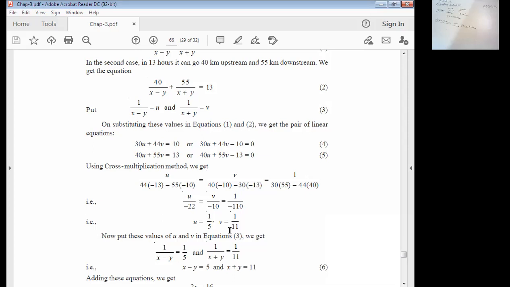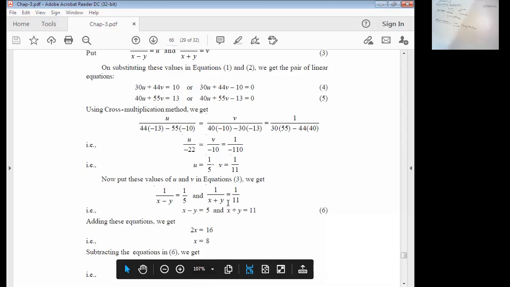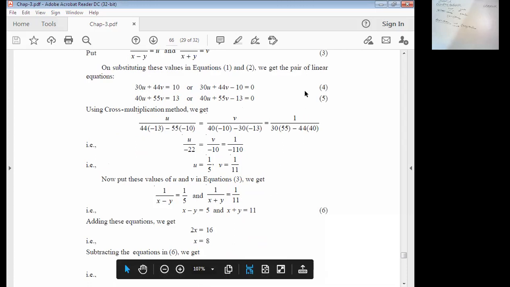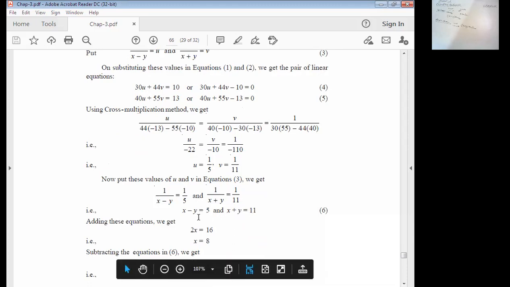Now after reducing, we get equations number 4 and 5, and then here it uses the cross multiplication method and finds the values of u and v. After getting the values of u and v, put them back as we let in the starting, and we get two equations again: x minus y is equal to 5 and x plus y is equal to 5. By solving these equations, we get x and y easily.